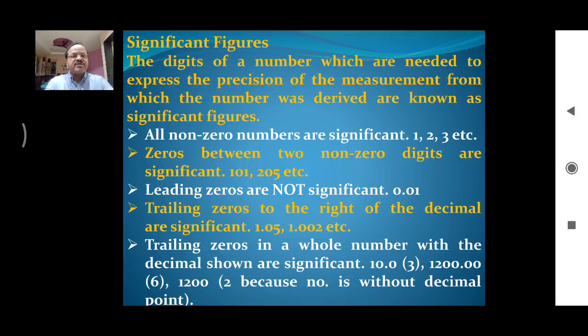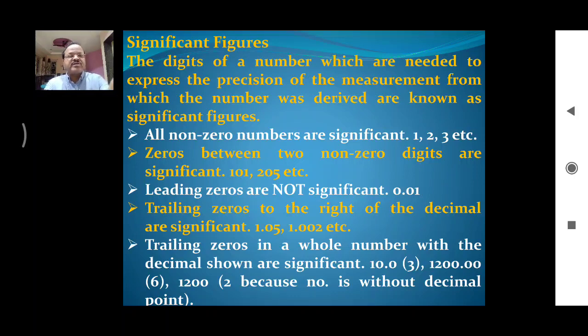Some figures are one digit figures, some are two, some are more than two digits. Similarly, some figures are without decimal points, some are with decimal points. So what is meant by significant figures? Let us see by considering different cases.